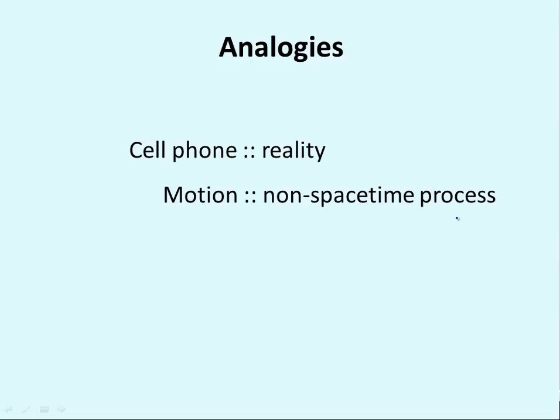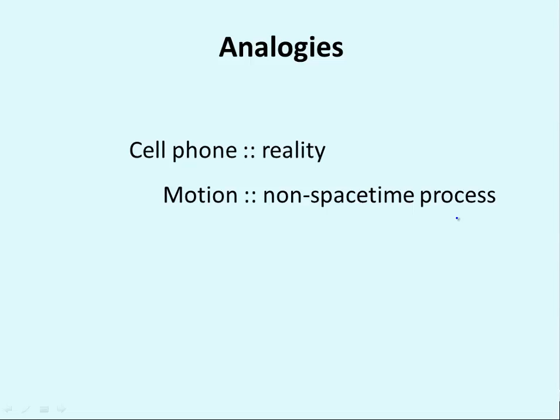Motion, I would call this a non-space-time process. Now, in my cell phone example, I found probabilities of locations of detection. In the real world, we're not just talking about the probability of locations, but about space-time events.